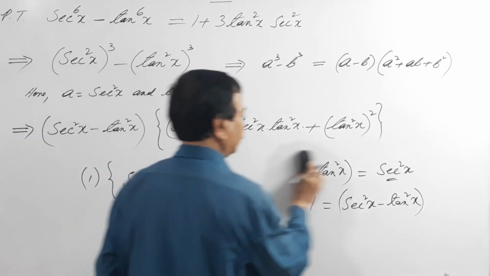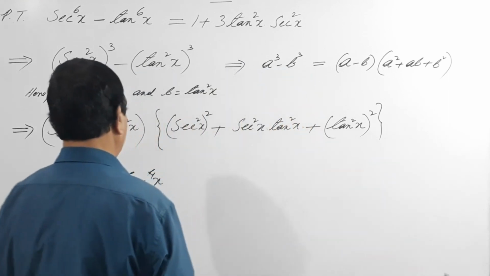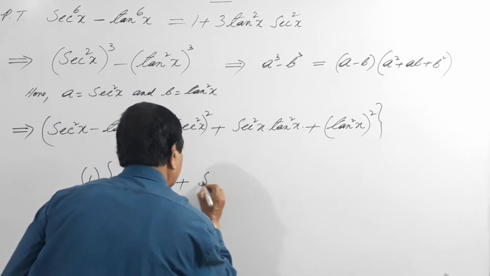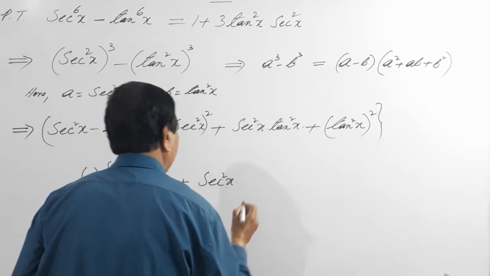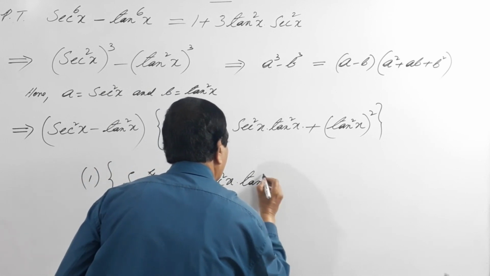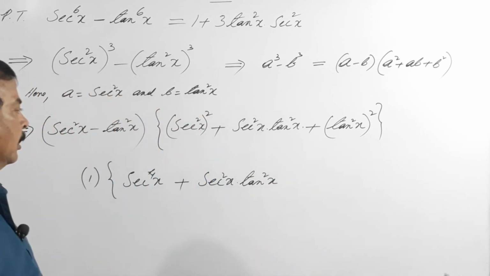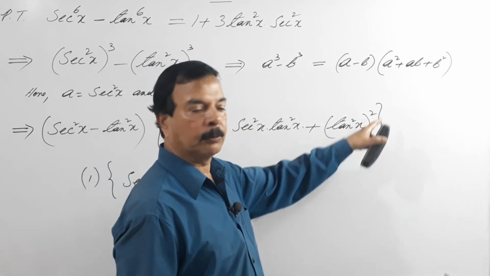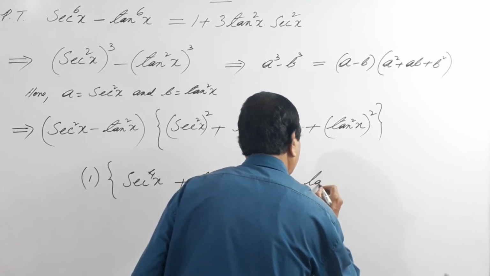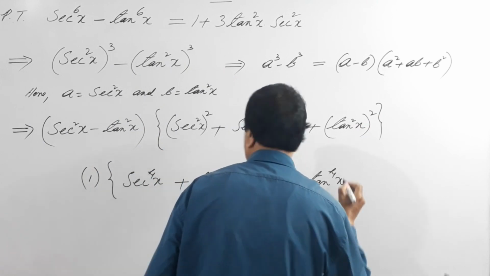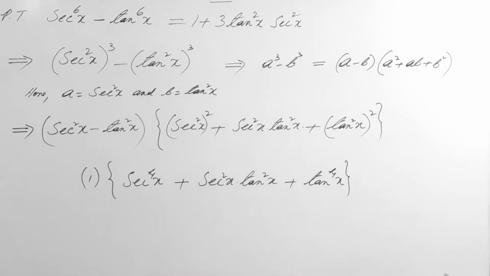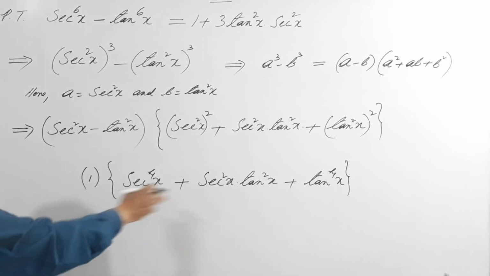Plus secant square x into tan square x plus tan square x to the power of 2, that becomes tan to the power of 4x. Done. So if I multiply with 1, I will get the same value.